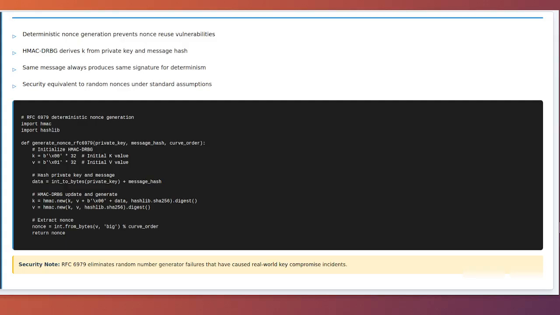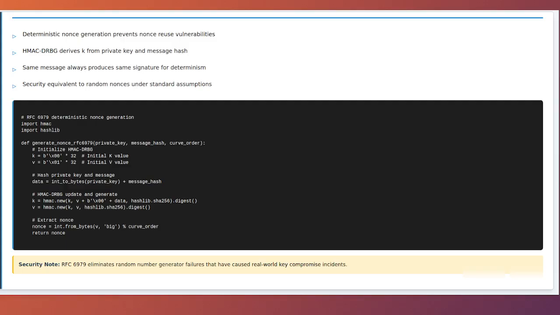The second approach, and the one strongly recommended for modern implementations, is deterministic nonce generation following RFC 6979. In this scheme, the nonce key is derived deterministically as a pseudorandom function of the private key and the message being signed. Specifically, we use HMAC-based key derivation with the private key as the key and the message hash as input.